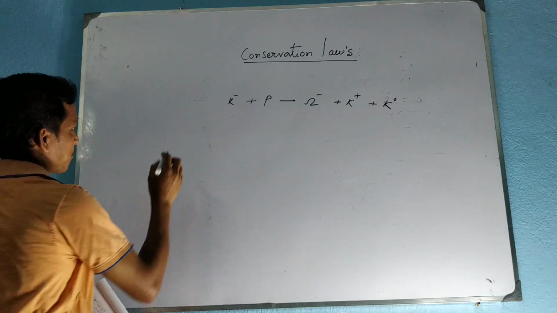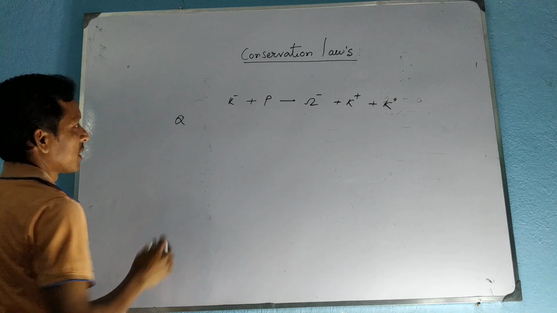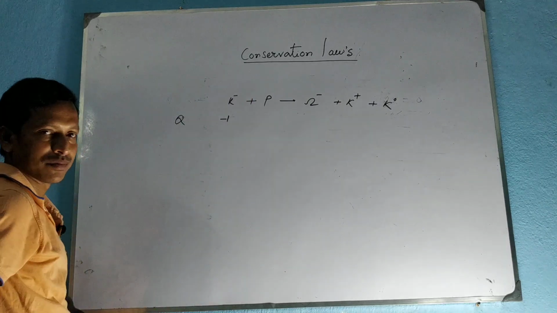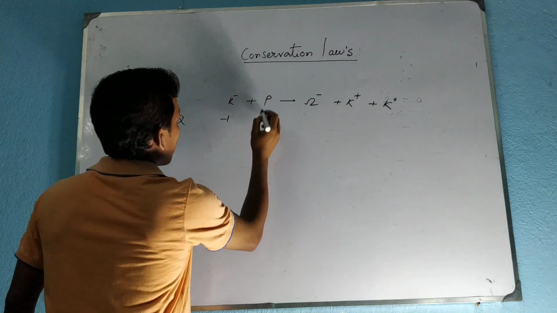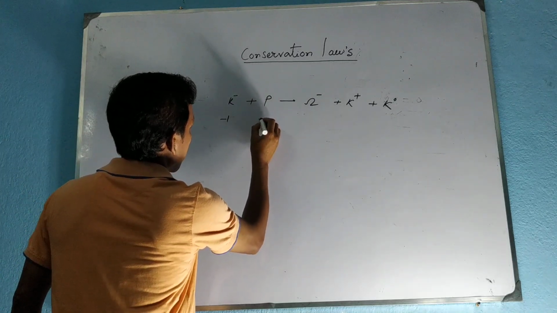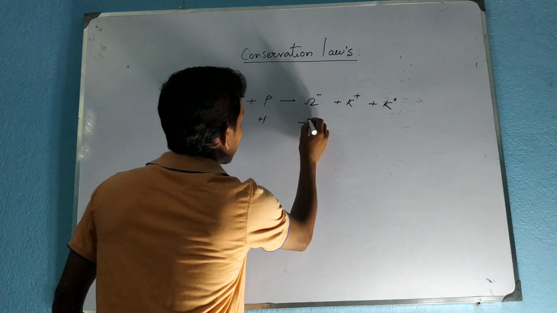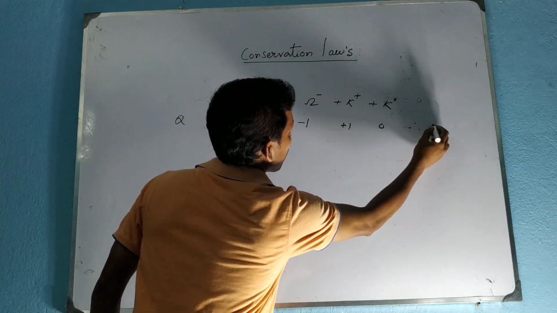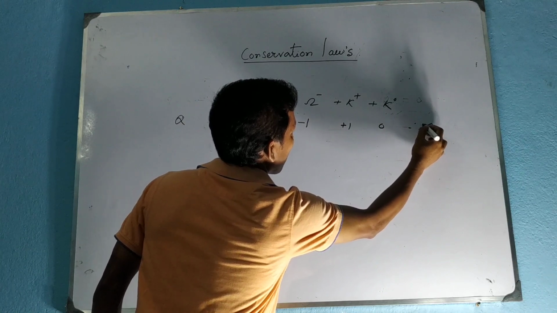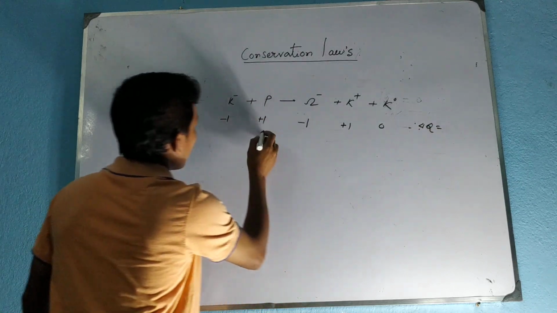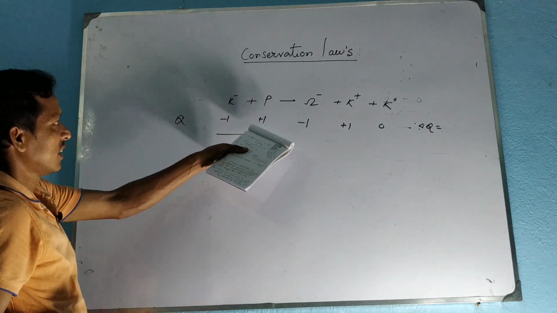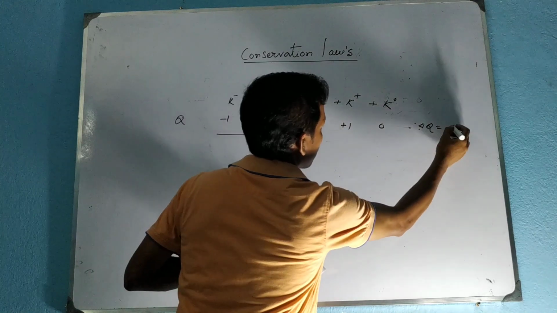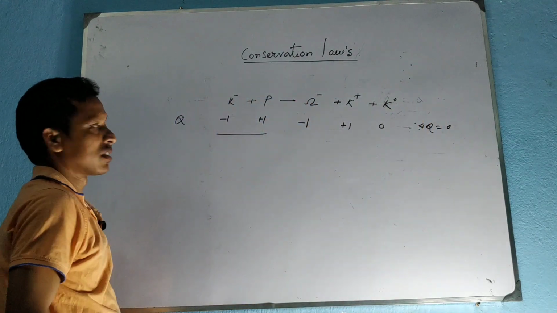First I will check the charge quantum number. K minus has charge minus 1, proton has charge plus 1, omega minus has minus 1, K plus has plus 1, and K0 has 0. Therefore, delta Q: before interaction the total charge is 0, and after interaction the charge is 0. So the charge is conserved.